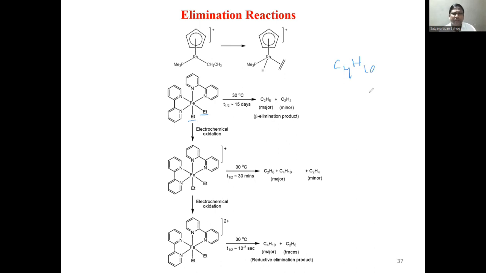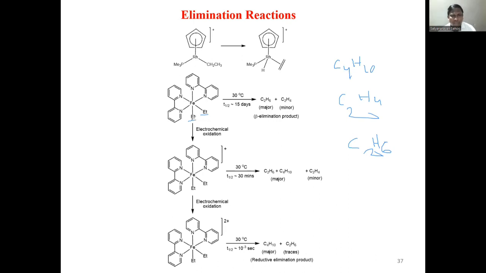And if there is beta hydrogen elimination, you can have C2H4, or you can have C2H6. So these are the three possible products.